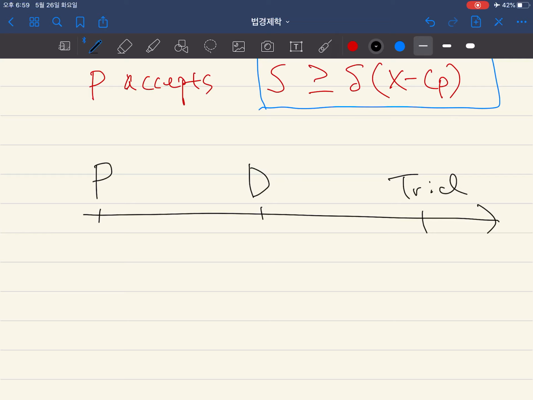Then no more settlement opportunity, so they go to trial the day after tomorrow. If they go to trial, plaintiff is gonna accept this much, and defendant's cost is this. So we have 3 time periods in this case.